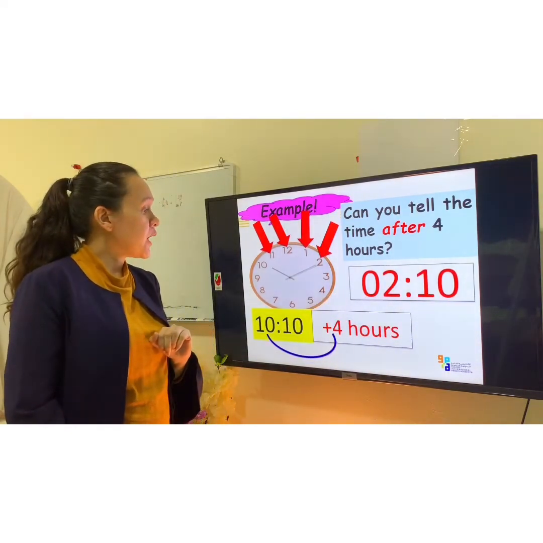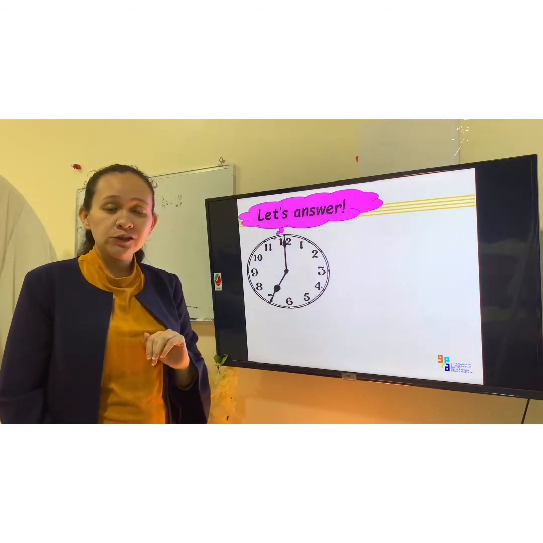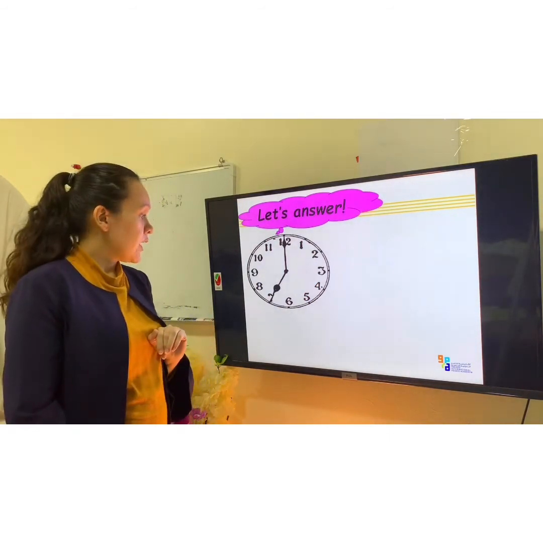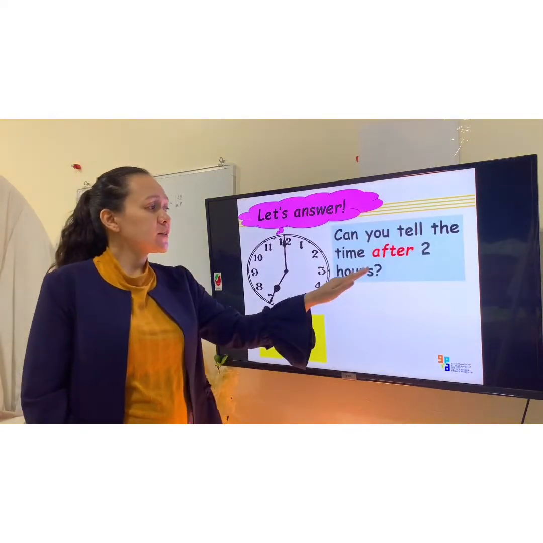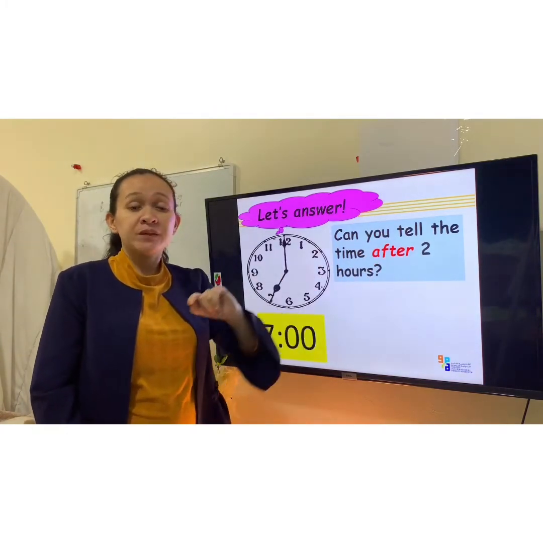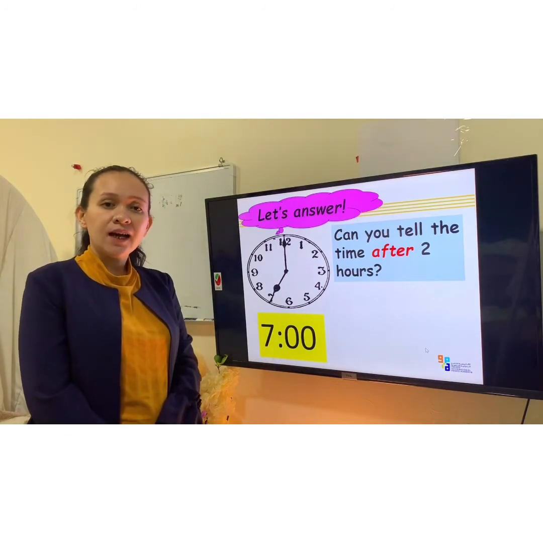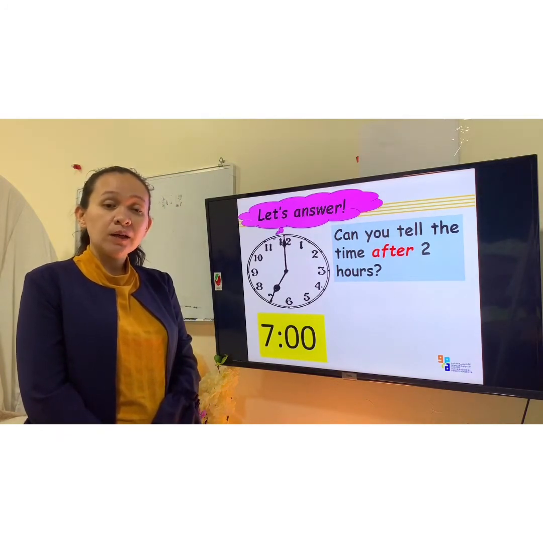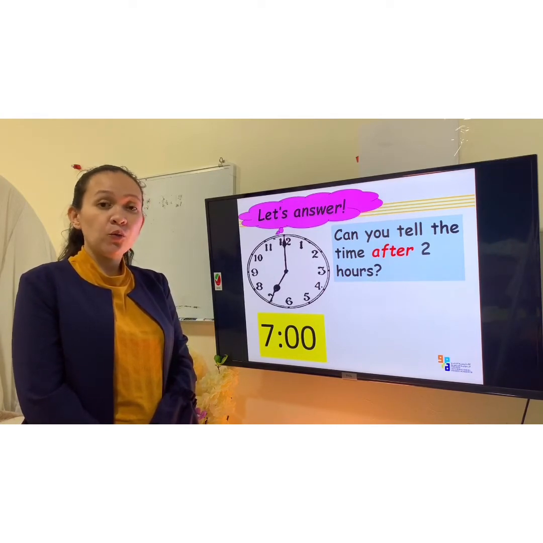Now, let's have a practice. I will give you 10 seconds to answer this question. The time shows 7. The question is, can you tell the time after 2 hours? Remember the word after. Now let's start. 10, 9, 8, 7, 6, 5, 4, 3, 2, 1.